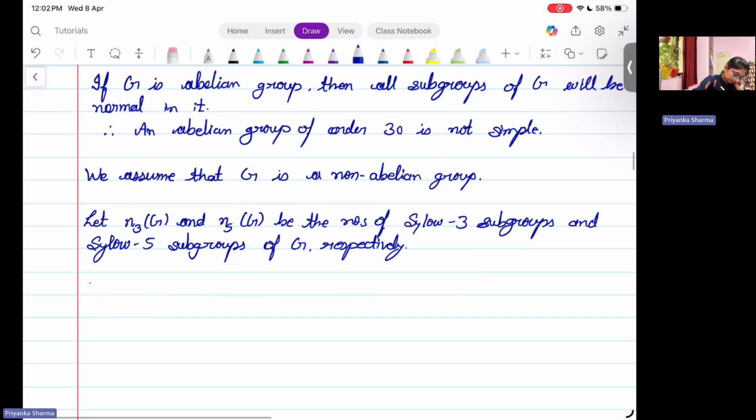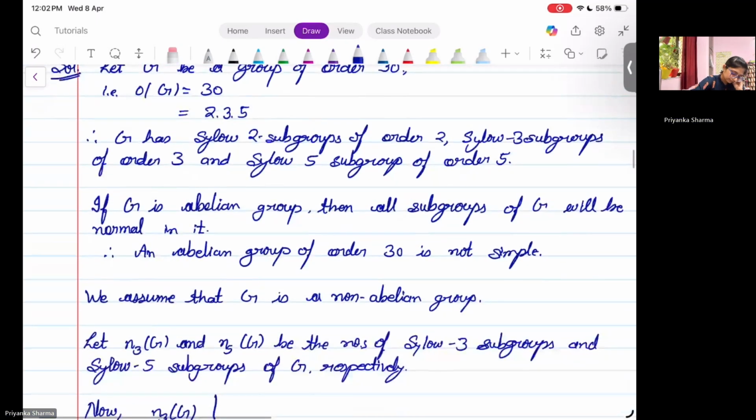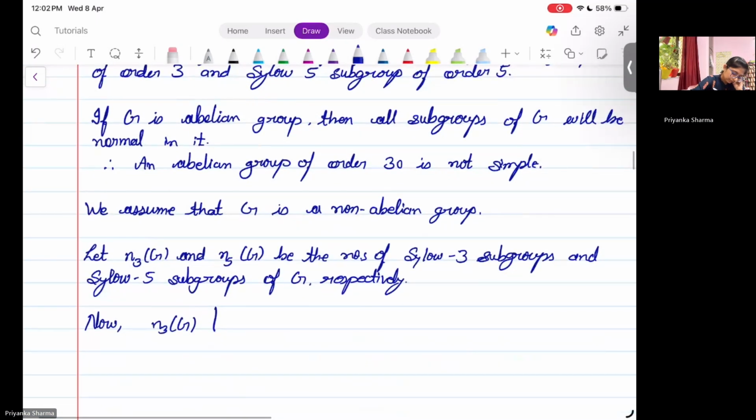Now, what about N3(G)? N3(G) will divide 10, and N3(G) should be congruent to 1 mod 3.